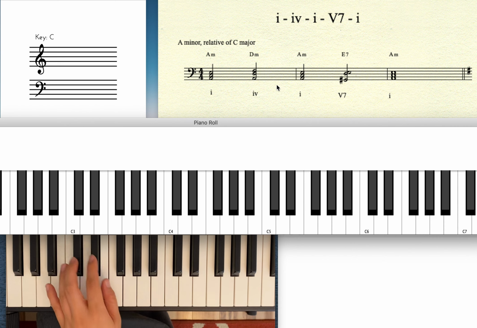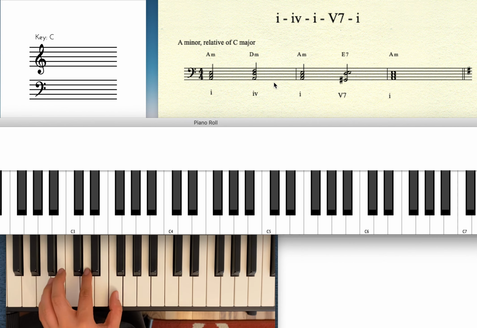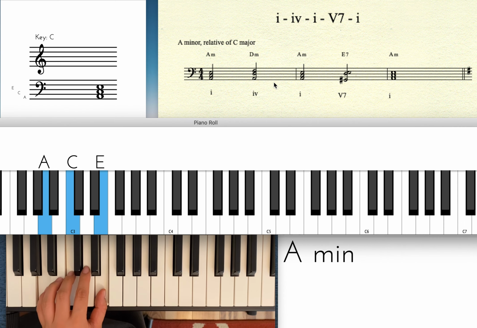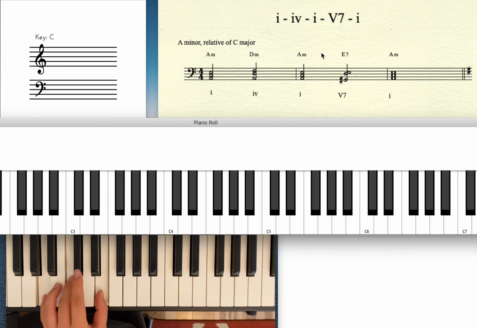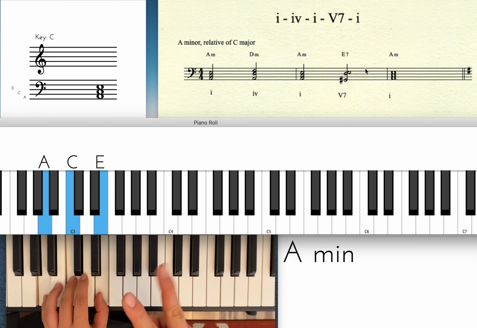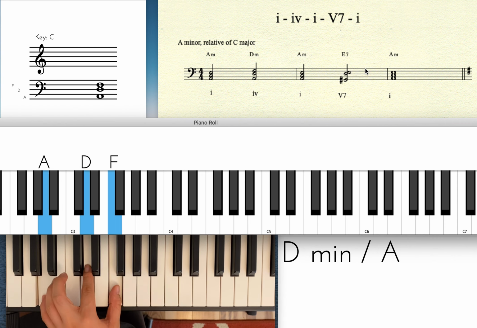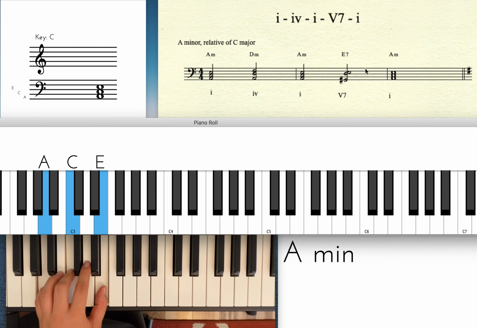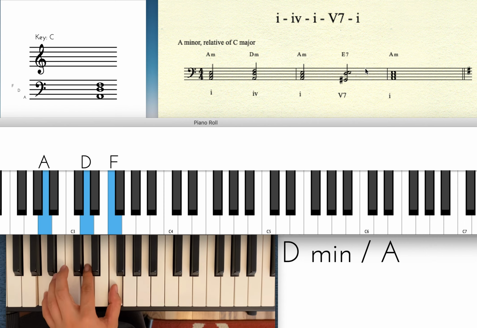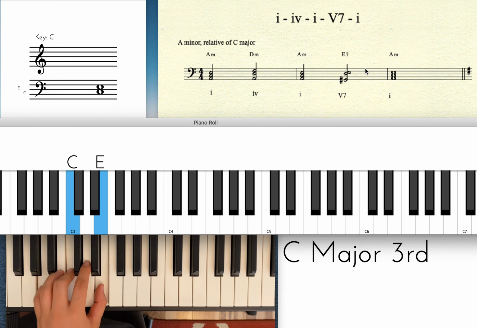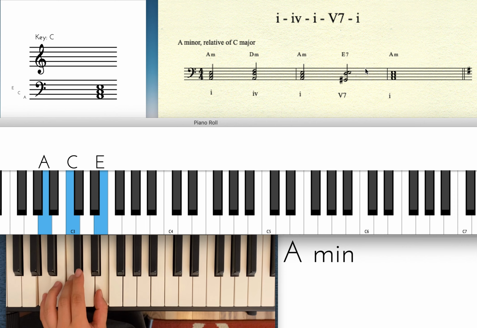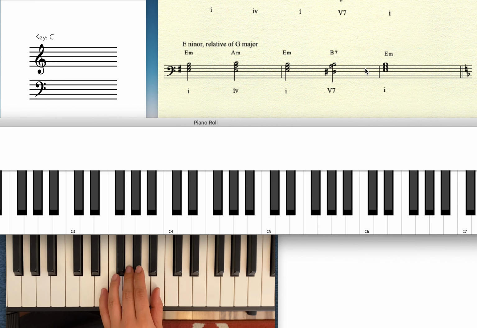From A minor, 1, 2, let's do it. Okay, now find the E minor, 1, 2, E minor.